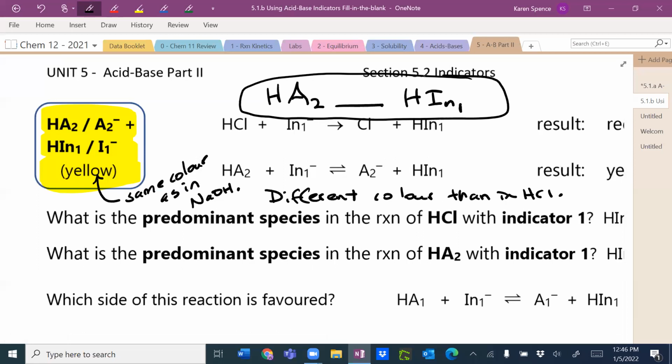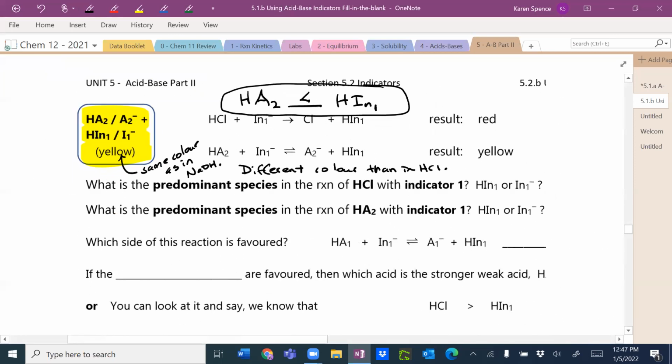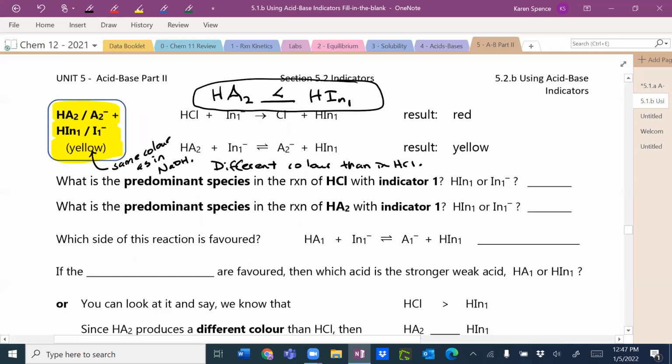It's doing something different than HCl. Okay, it's weaker.